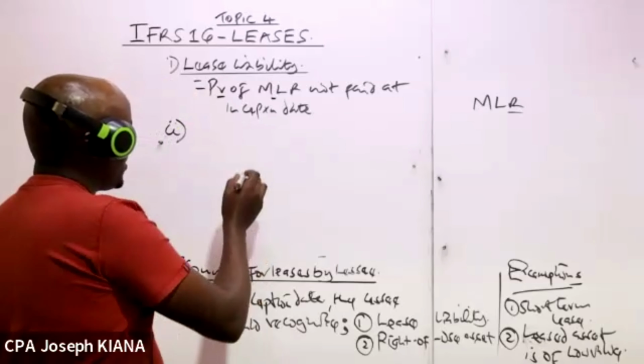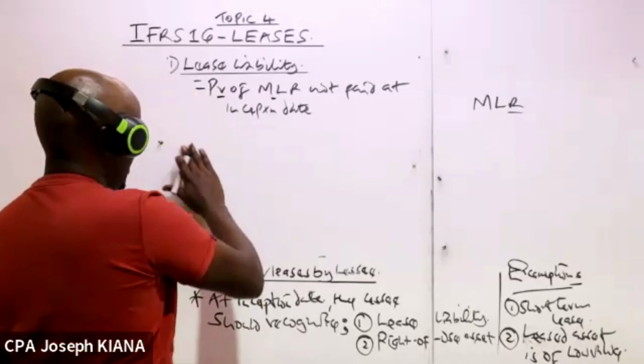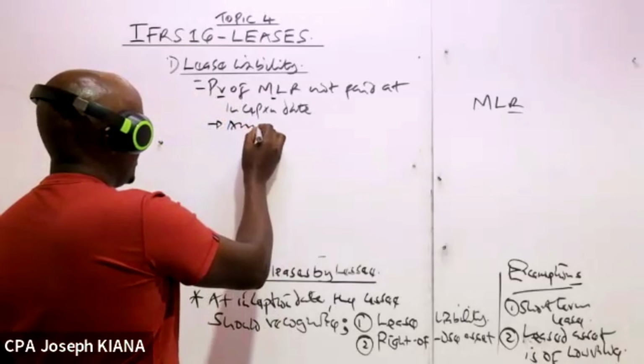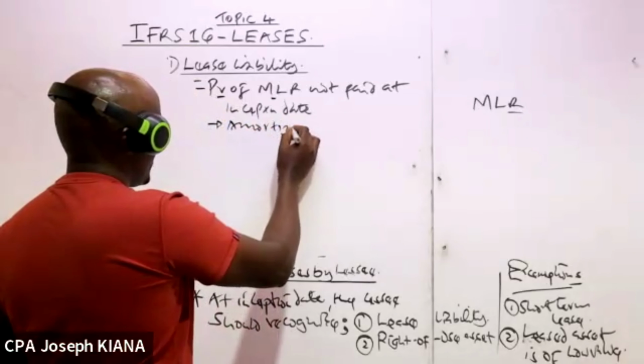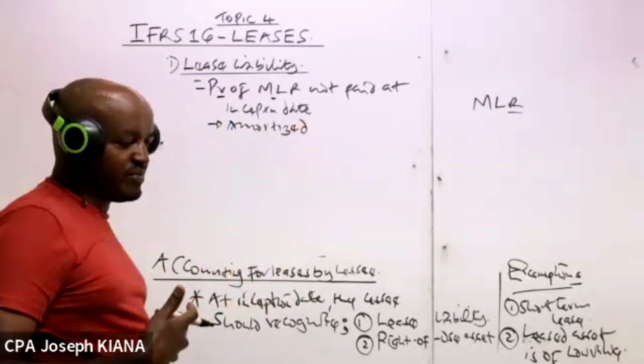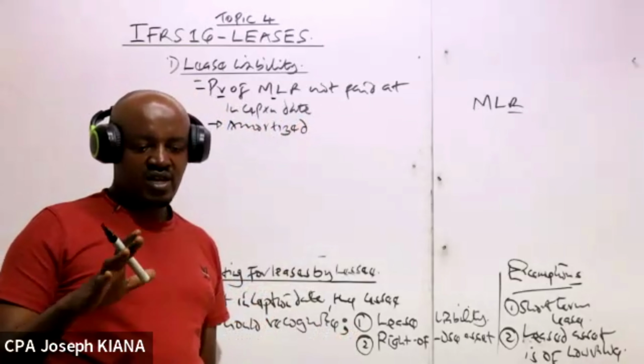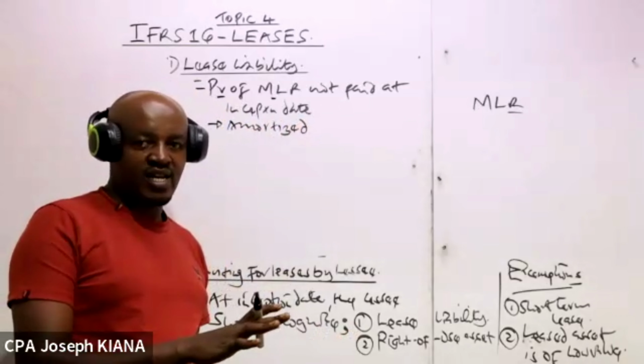And then, before we look at the next item here, once you have determined this lease liability, because it represents what the lessee has to pay over the lease term, we have to amortize it. And I hope you know what it is to amortize a liability.